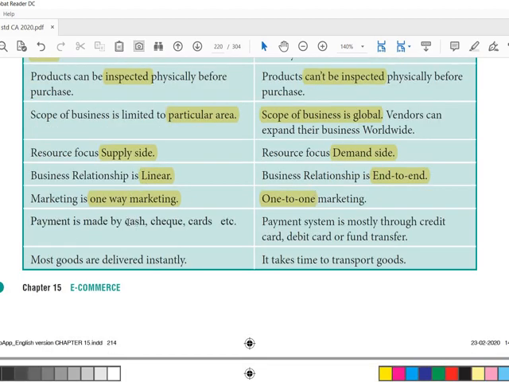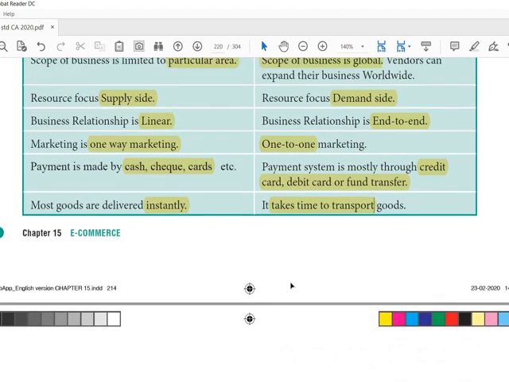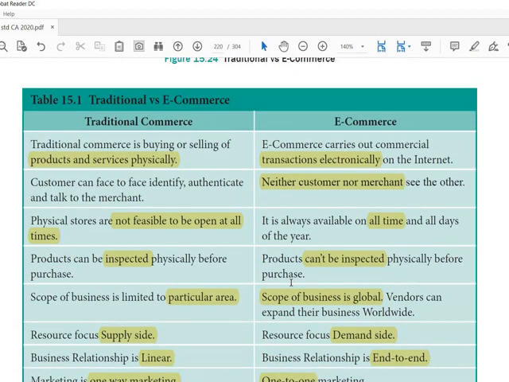Payment is made by cash, check, cards, etc. Here the payment system is mostly through credit card, debit card or online transaction. In traditional commerce, most goods are delivered instantly because we are checking the product and buying there itself. Here it takes time to transport goods.